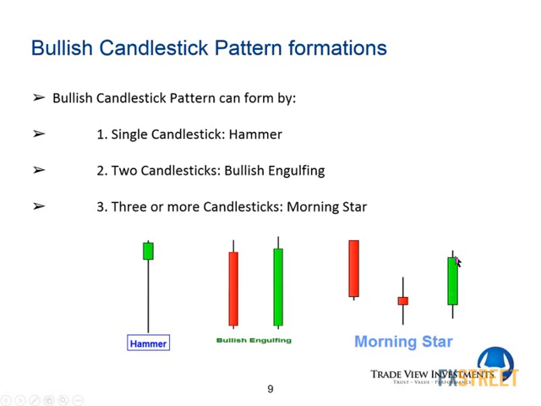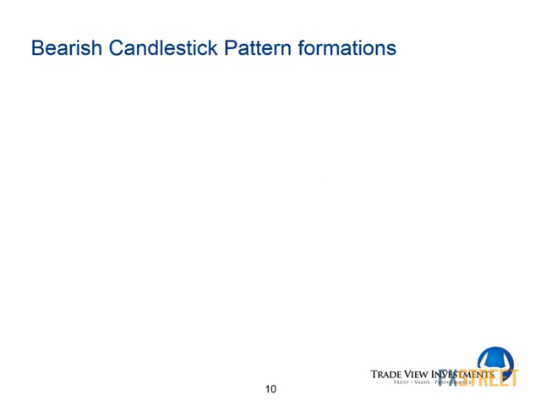Whether the gap is there or not is not the important part, because in the FX market, which is 24/5, there is no gap as such. The most important part is that the close of this third candle has to be more than half of the first candle. So that is the morning star. These are the ways in which you need to define them.